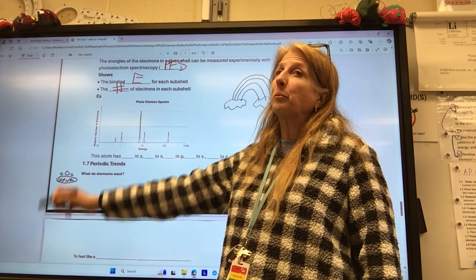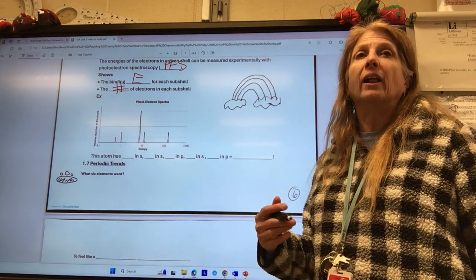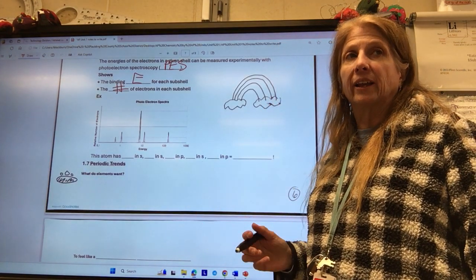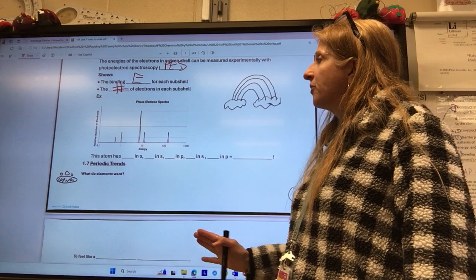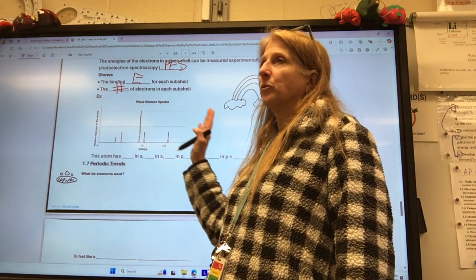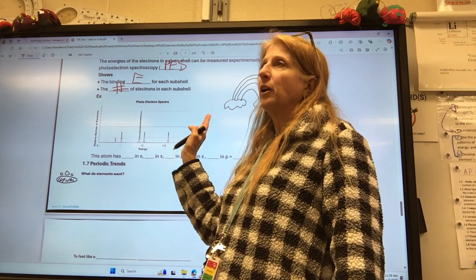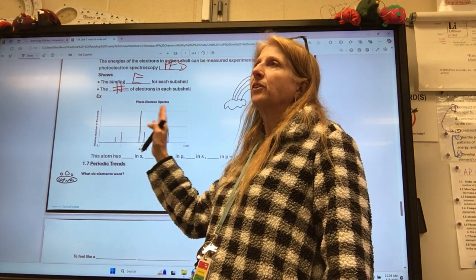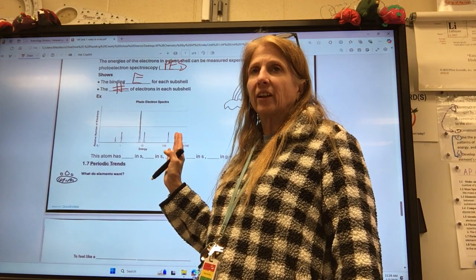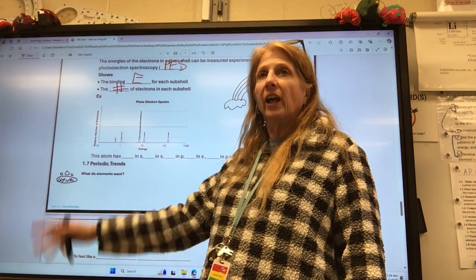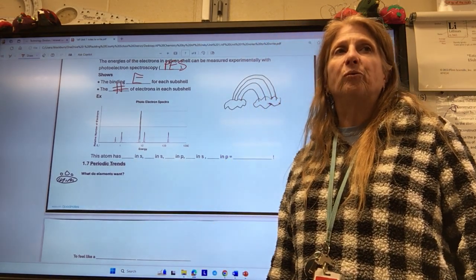All right, so this represents one of these, and we can figure out what atom it is by looking at this. Now, this is the tricky part. Sometimes it goes from left to right, where it goes 1s1, 1s2, 2p6, 3s2, 3p6, like that. But sometimes it goes the other way, and you have to look at it and figure it out.